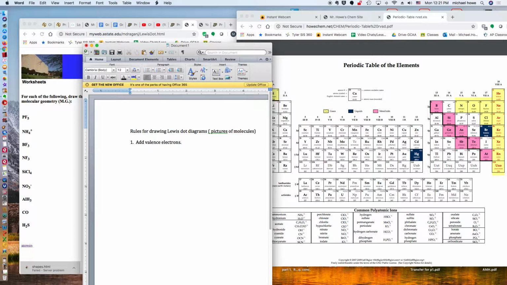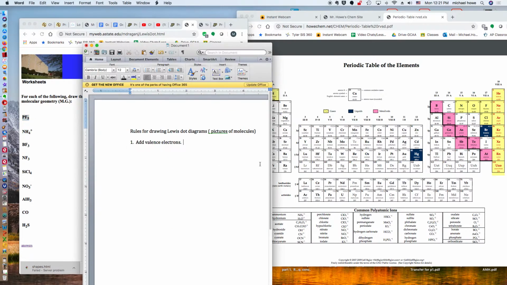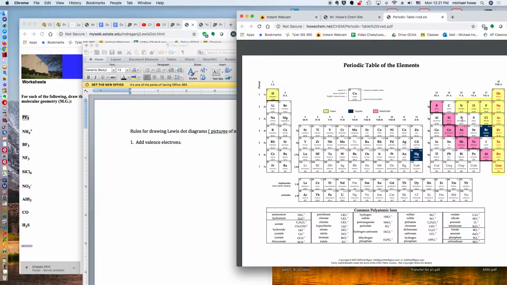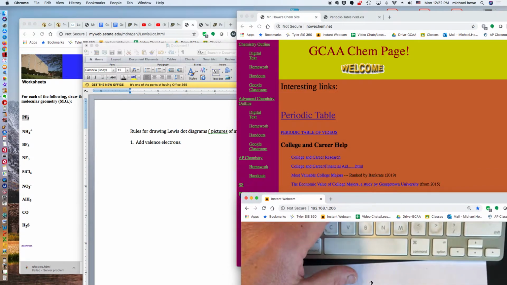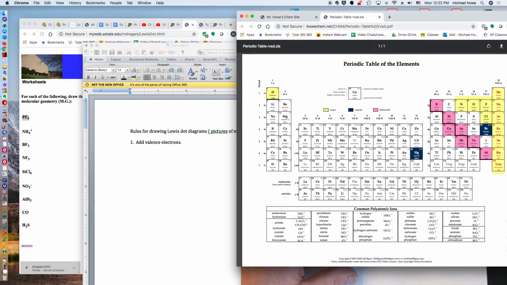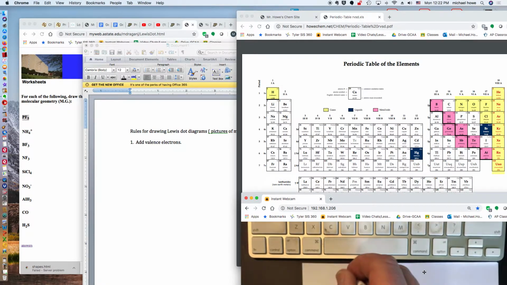Okay, so when you add the valence electrons, if you look at, say, PF5 right over here on the left side, we would look at P on the periodic table. Remember, it's in the fifth column, so the P has 5 valence electrons. I do that up in the corner here.